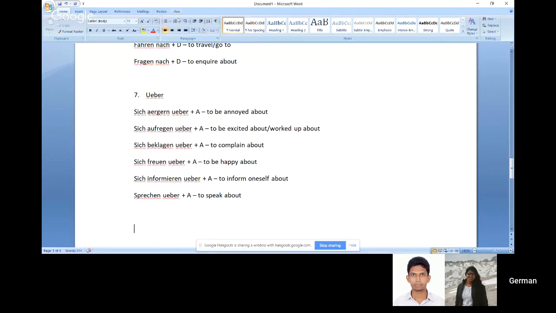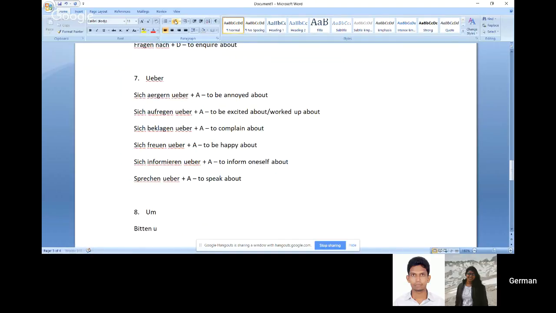Next, we have bitten um plus accusative, request for.